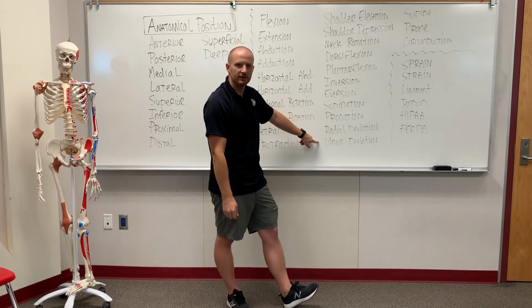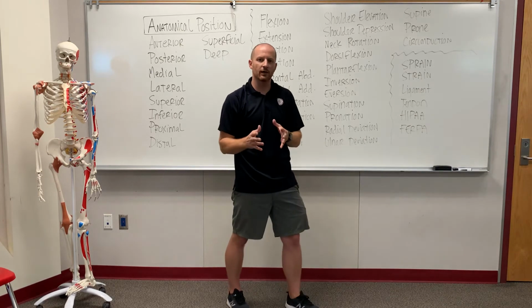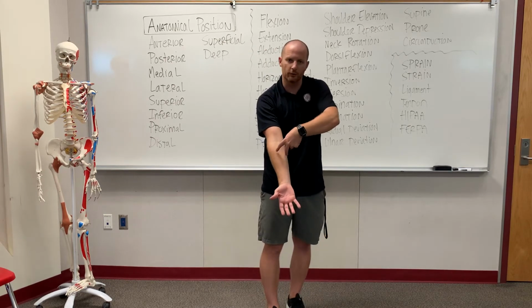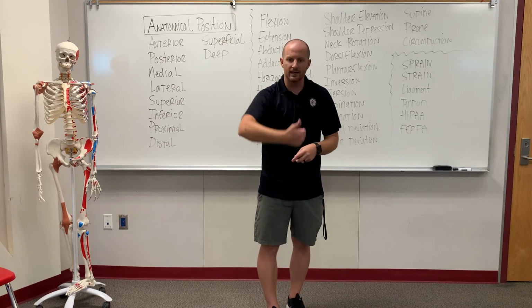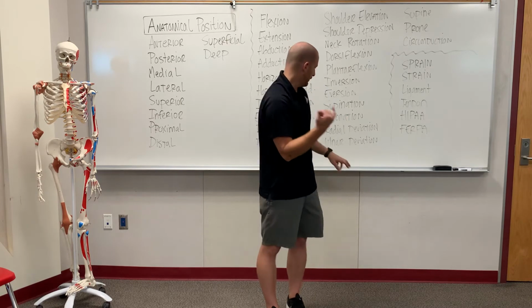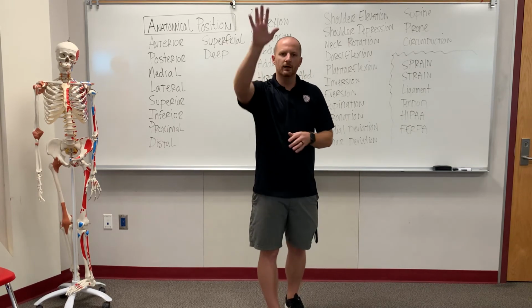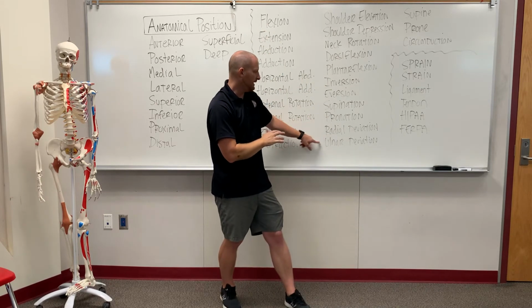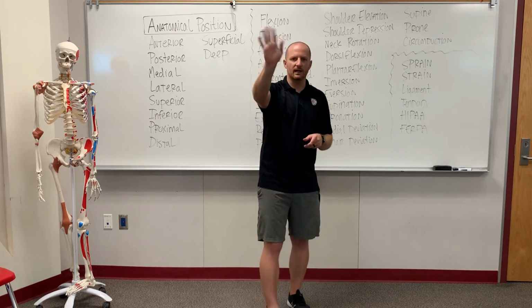Radial and ulnar deviation. You're going to learn in our next video about the skeletal system what the radius and ulna are. They're two bones in our forearm right here. Our radius is on our thumb side and our ulna is on our pinky side. So if I had my hand like this and I was going to do radial and ulnar deviation, it's kind of like a wave.